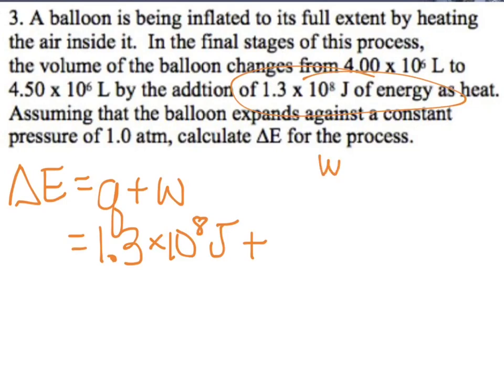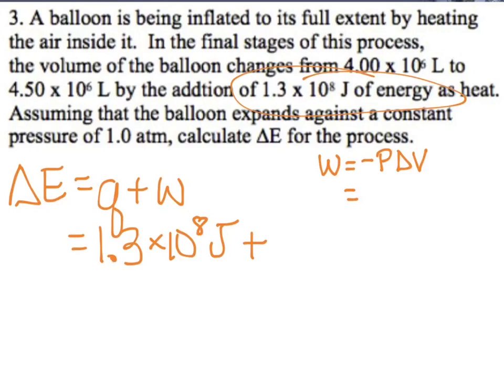So work is equal to negative P delta V. So if the balloon is expanding against a constant pressure, so the balloon's getting bigger, which means therefore the system is doing the work. So that means our work better be a negative number.